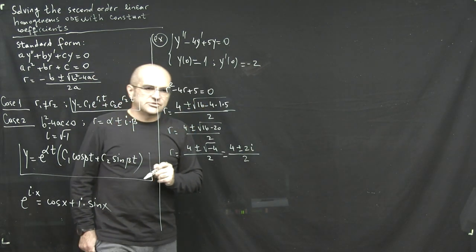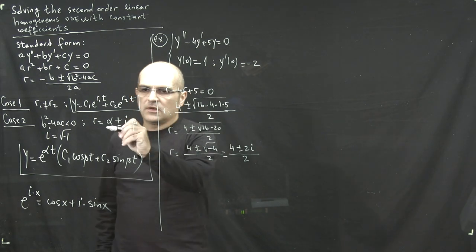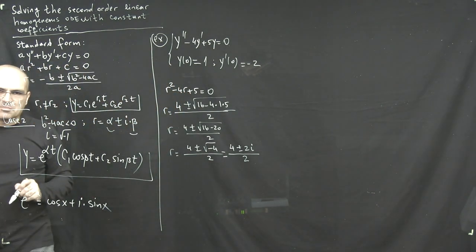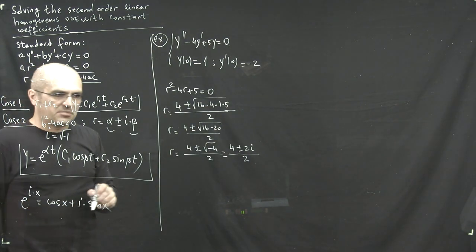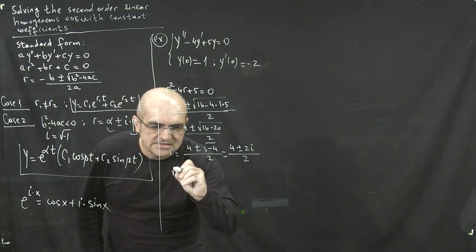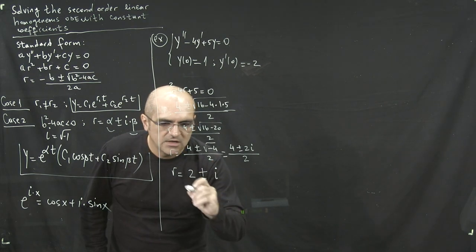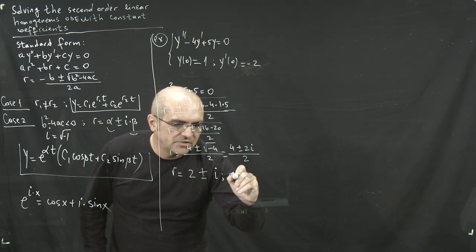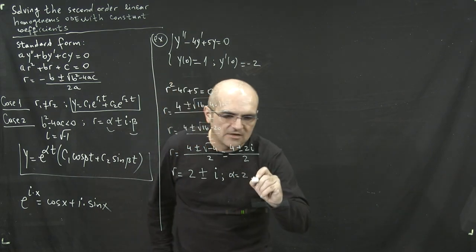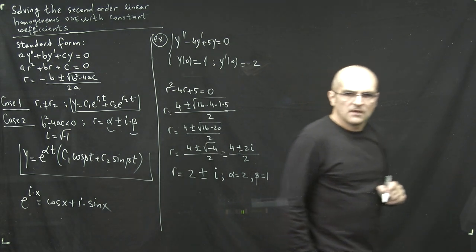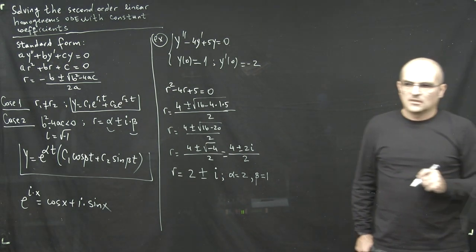And then you must distribute the denominator. Remember, your goal is to write your r in terms of the real part plus i times the imaginary part. So your r in this example would be 2 plus minus i. So alpha will be 2, beta is 1. Real part, imaginary part.